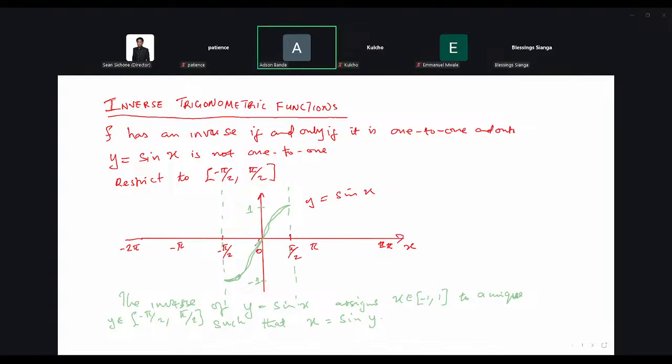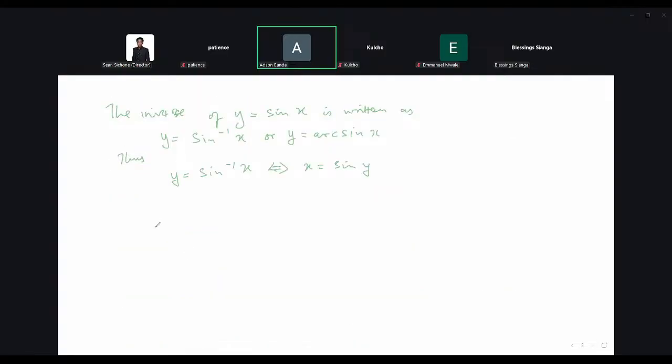Right, so this is our function that we are considering, and in this interval now, we can define the inverse of this particular function. Of course, we can draw the inverse function, but for this course we are not interested in that.